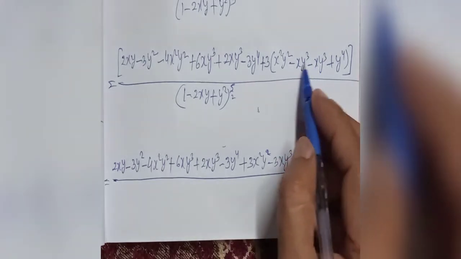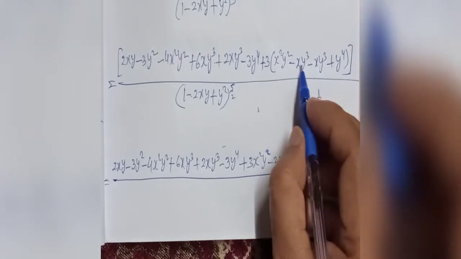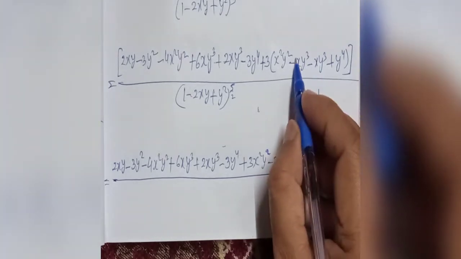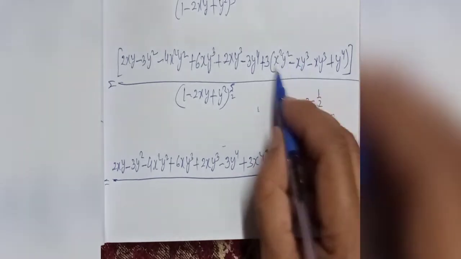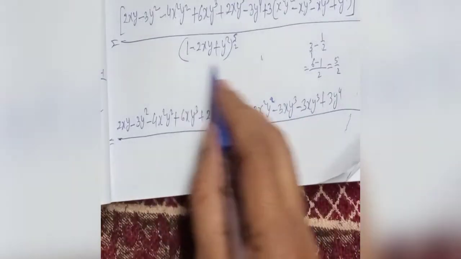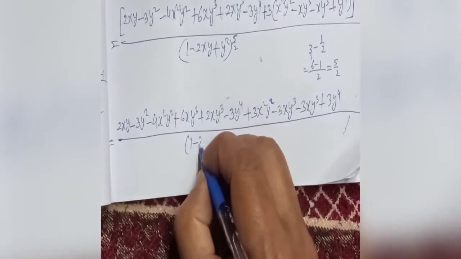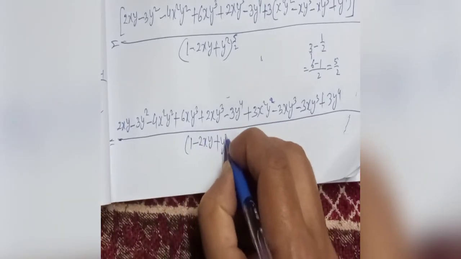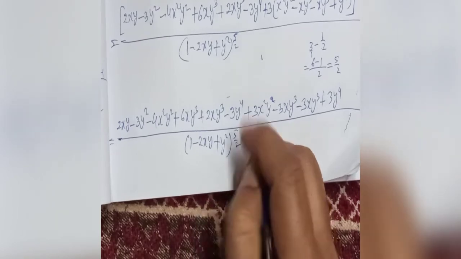You can do this because these are like terms, so it becomes 2xy³ and multiplies 6y³. It will also become 6y³. So (1 − 2xy + y²) to the power 5/2.